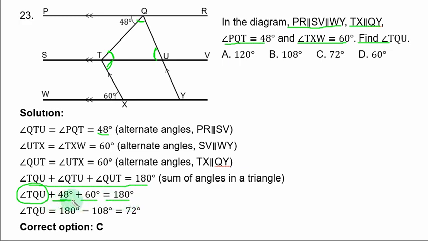If you add these two angles, you have 108. Move to the right hand side, you subtract it from 180, so you have angle TQU is equal to 72 degrees. C is the correct option.